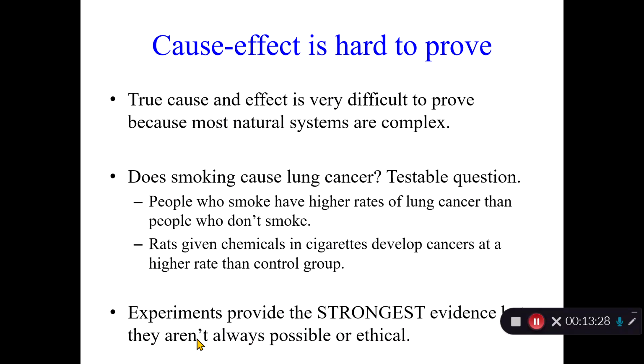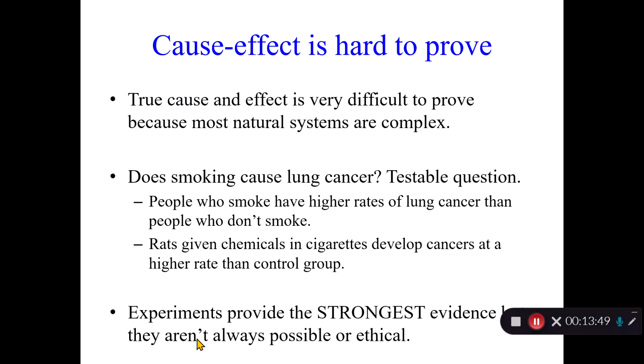So we're actually going to be out here gathering evidence to test some question. Now, a lot of times what we want to know is a cause and an effect, right? So maybe we're interested in, if I smoke, am I going to get lung cancer? So does smoking cause lung cancer?